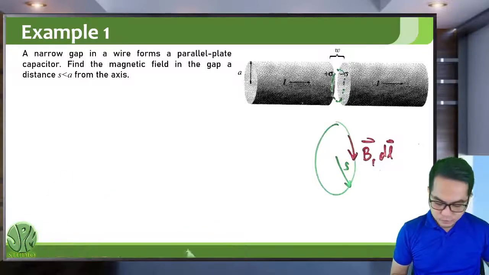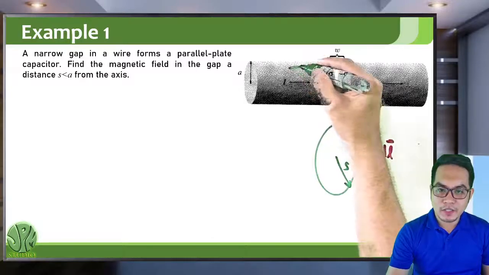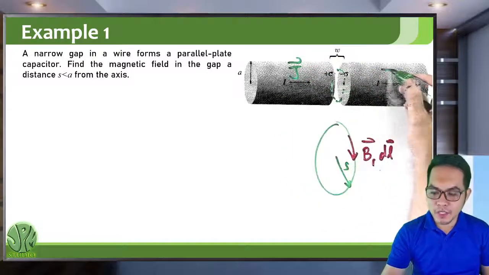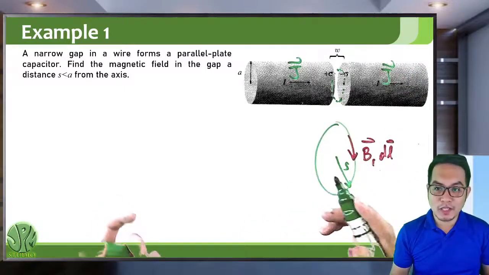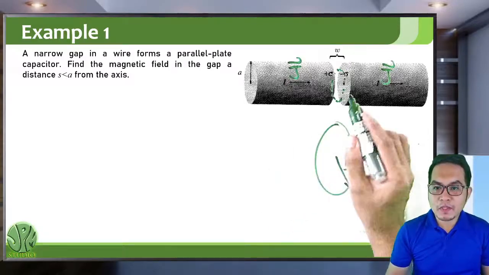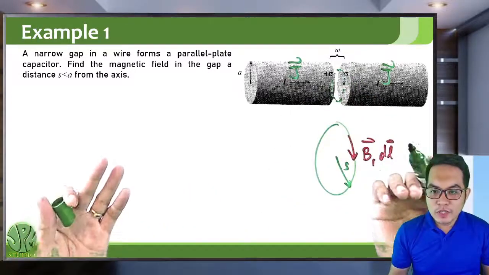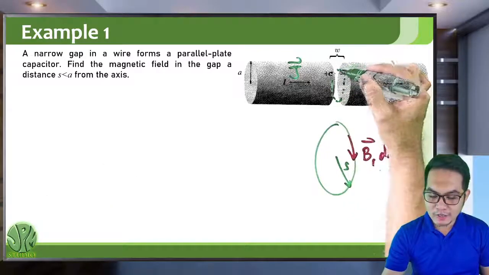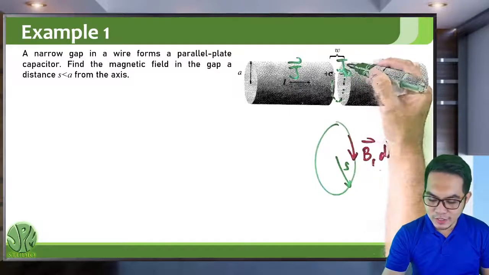Okay. So the current density here is J. In this region here and in this region here, there are no displacement currents. But there's a gap here, and for the current density to be continuous, there should be a current in this gap, and that current density is JD.